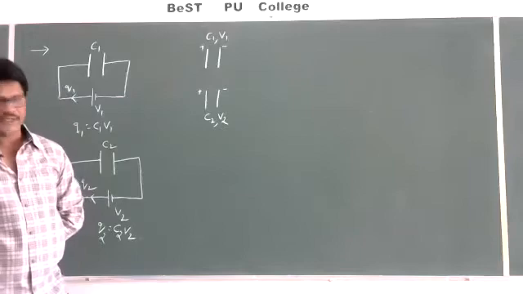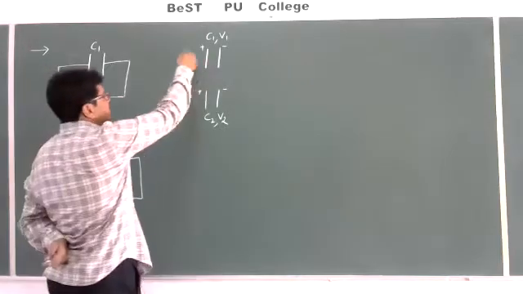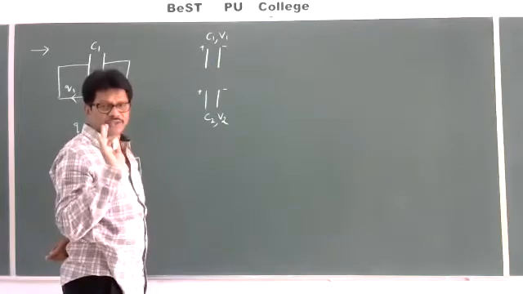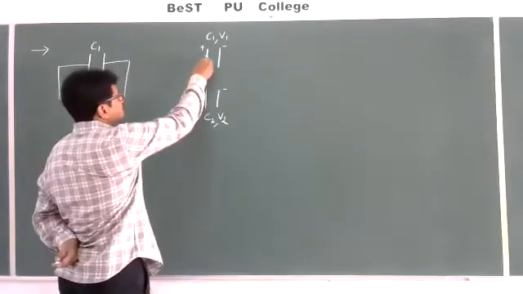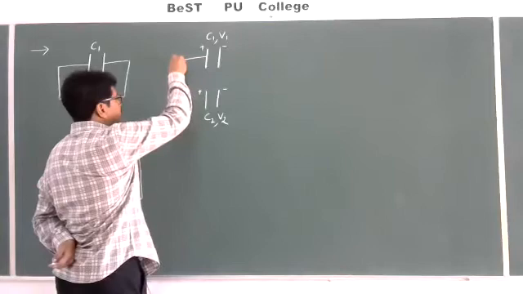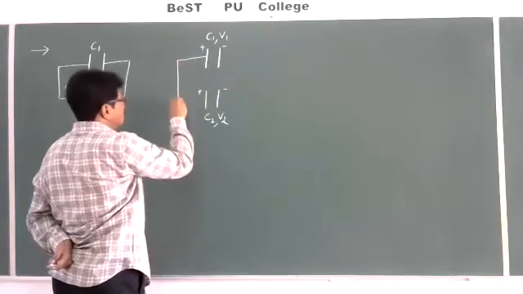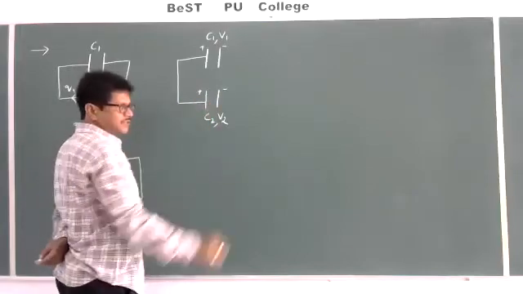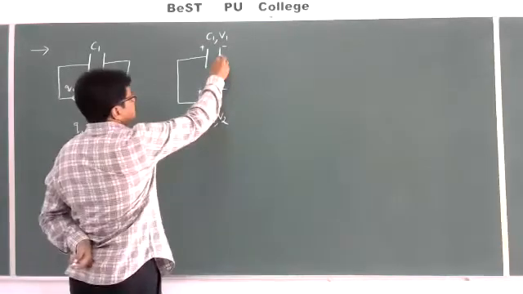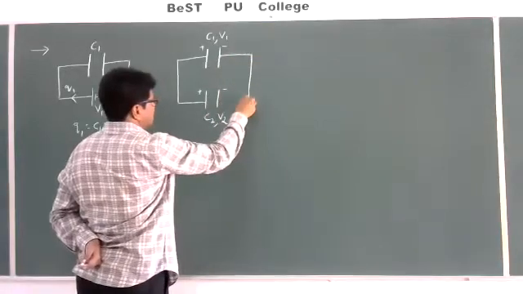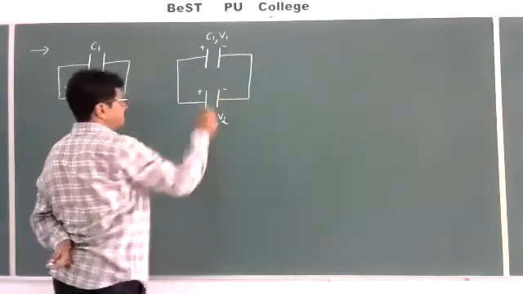Now what I am doing is, I am connecting these two capacitors without the help of any source. The positive of the first capacitor is connected to the positive of the other capacitor. The negative plate of one capacitor is connected to the negative plate of the other capacitor.